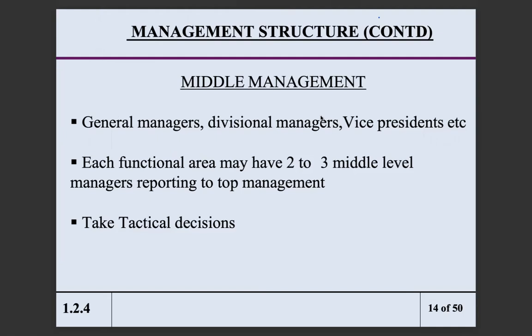On the middle management, we have the general managers, divisional managers, vice presidents, etc. Each functional area may have two to three middle level managers reporting to the top management, and they normally take the tactical decisions.